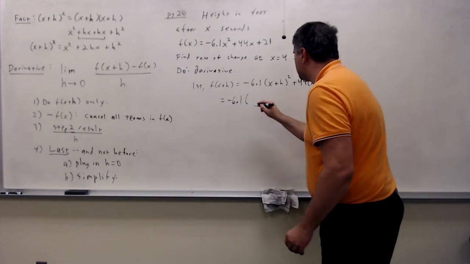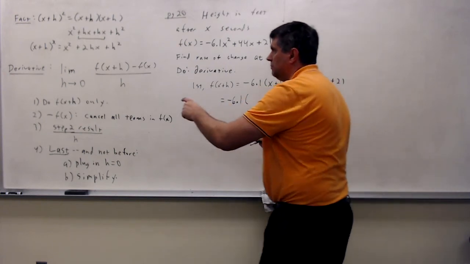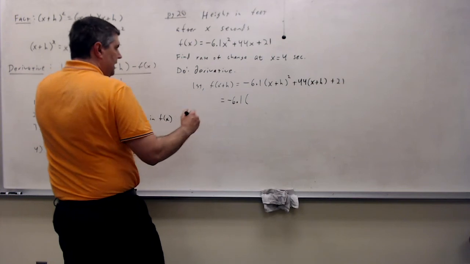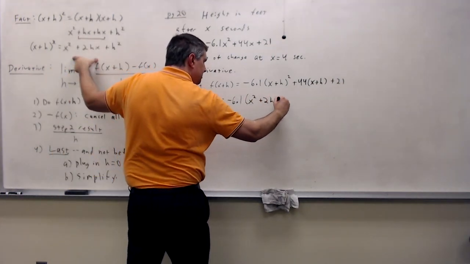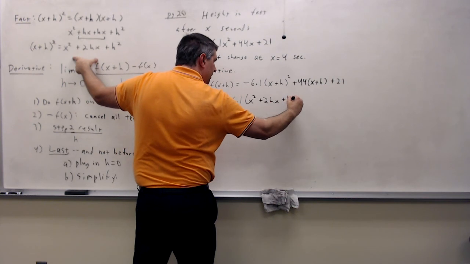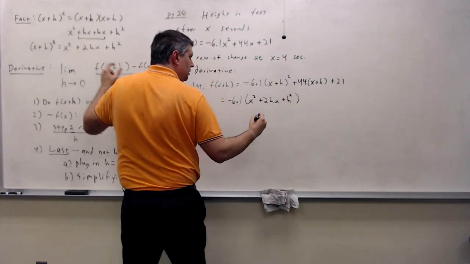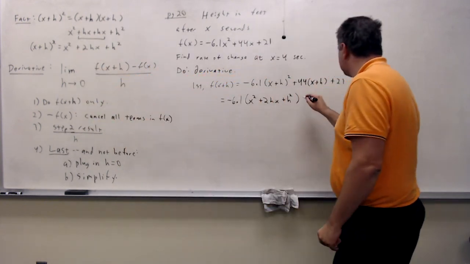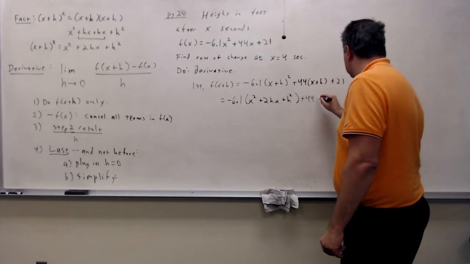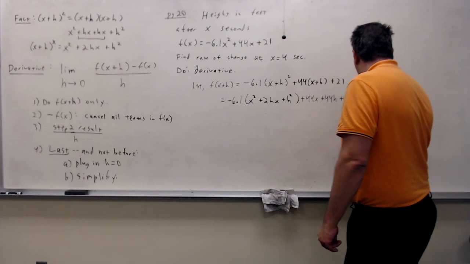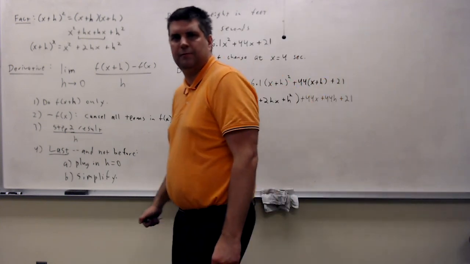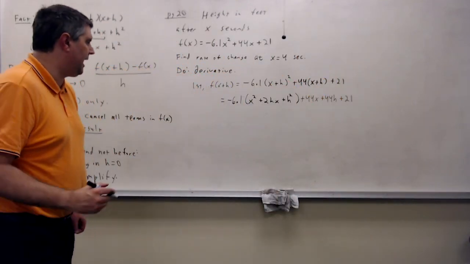I am going to use a shortcut for this problem. Okay? x squared plus 2hx plus h squared, plus 44x, plus 44h plus 21. Okay?